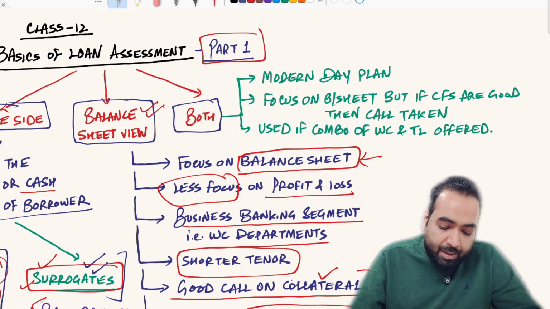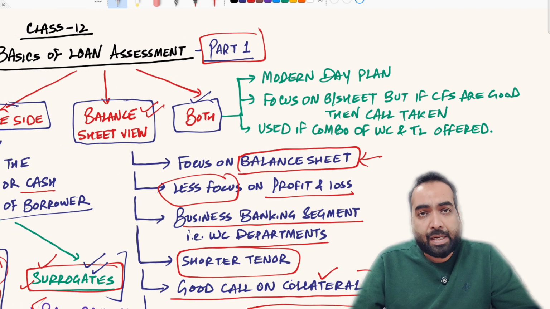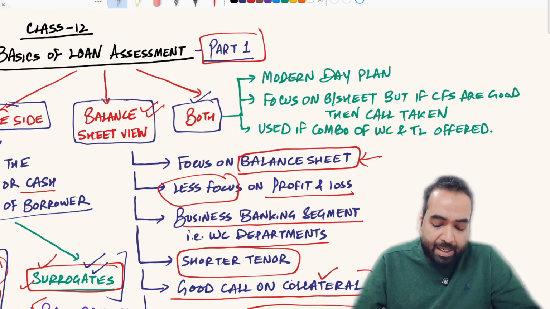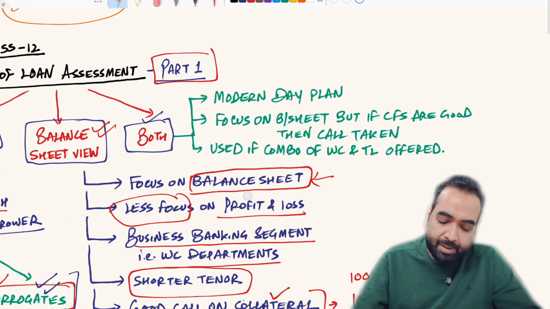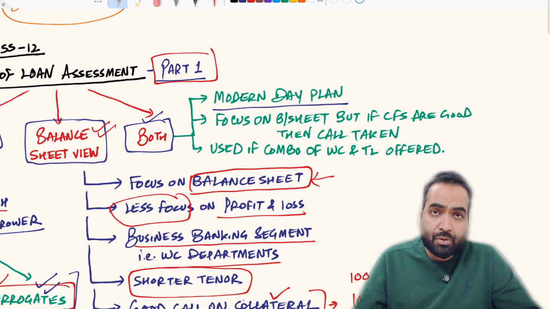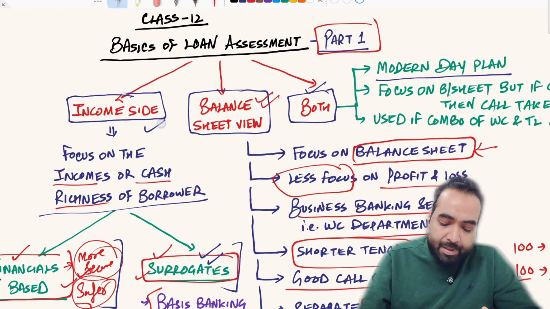Now we come to the third part, that is a combination of both the income side and the balance sheet side. That is also a modern day phenomenon that more and more banks are using nowadays. So banks are using a bit of this, a bit of this.